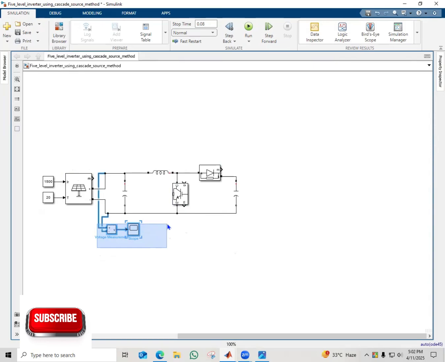Now we again need these two terminals to see the voltage level here. Connecting the parameters here, and this part will show our boosted up voltage.